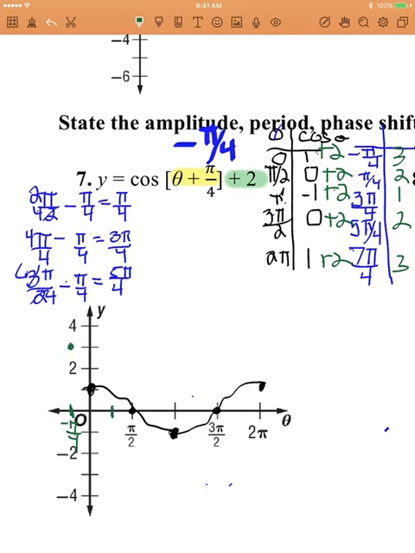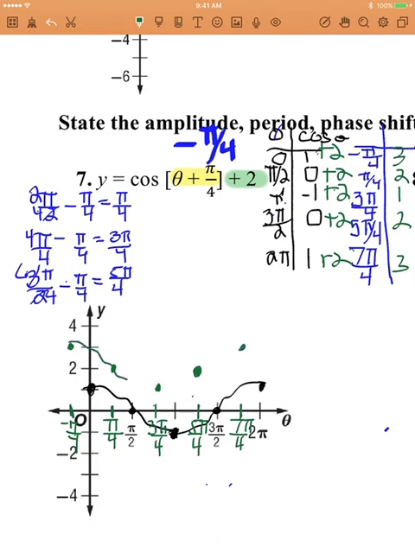At pi over 4, which is halfway in between, it's going to be up 1, 2. 3 pi over 4 is going to be about halfway, and it's 1. And then 5 pi over 4 is about halfway, go up 2. And then 7 pi over 4, it's going to be up 3. So 1, 2, 3. And then there it is.